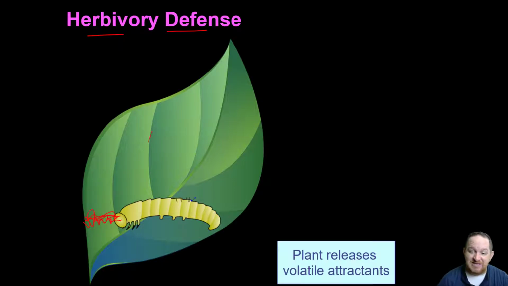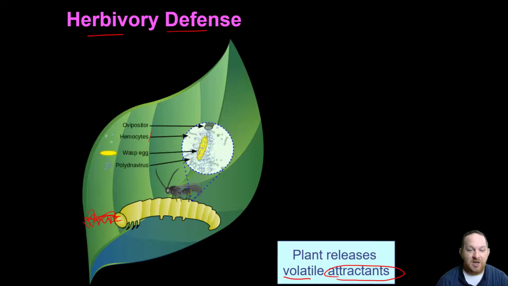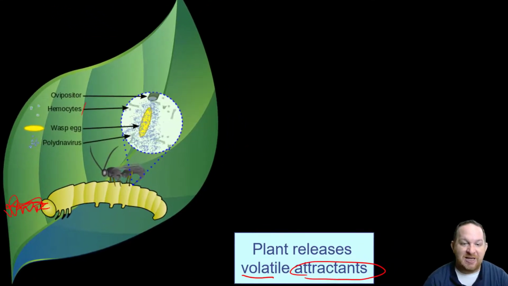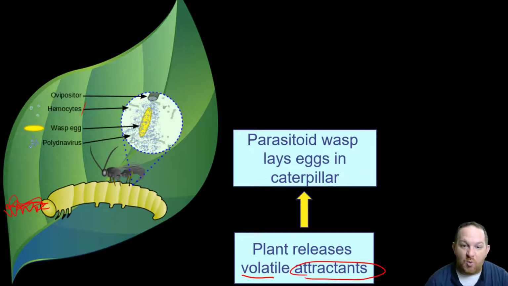So what happens is the plant will release these volatile attractants. What are they attracting? They're actually attracting these parasitoid wasps. So these wasps come and they find the caterpillar and they actually lay their eggs.